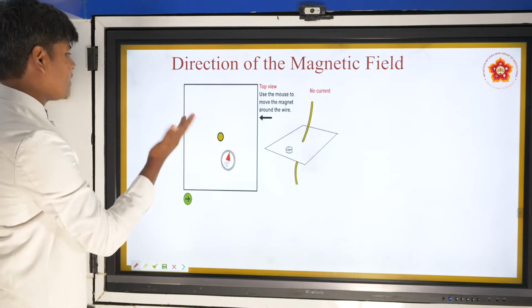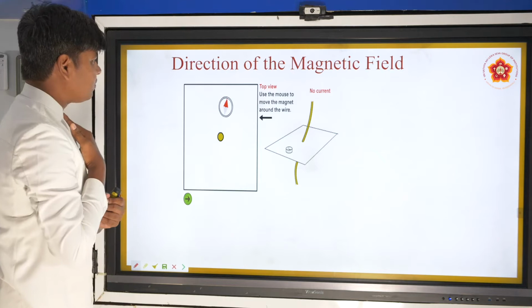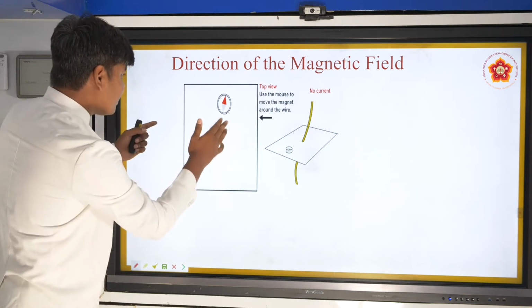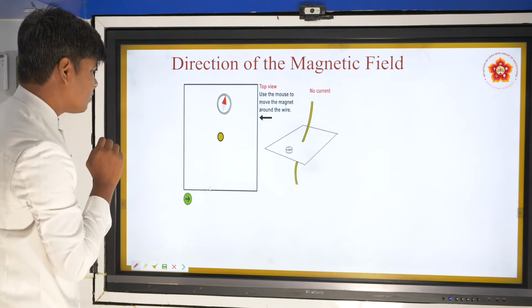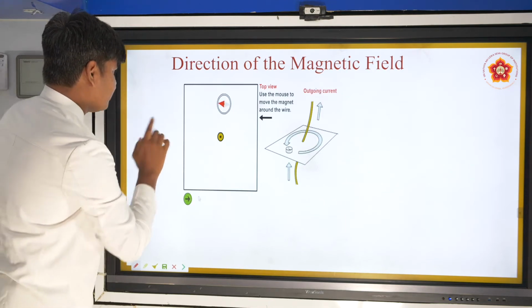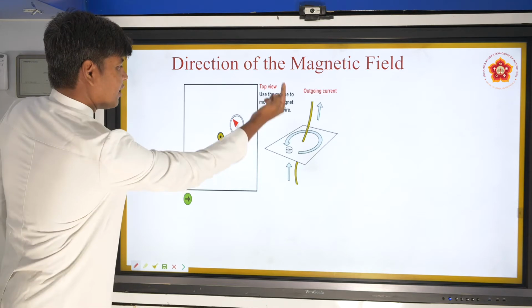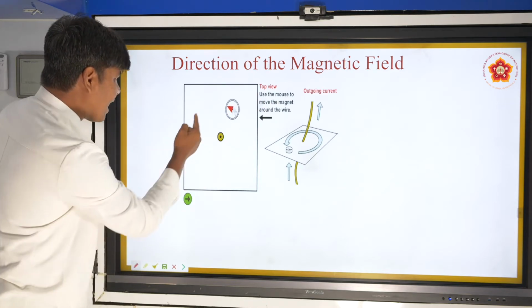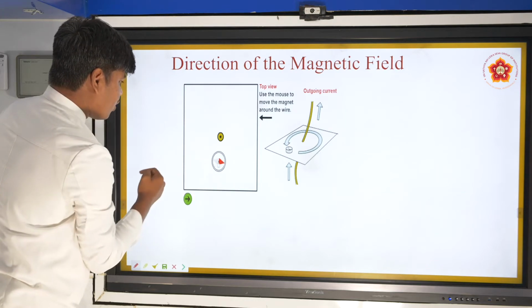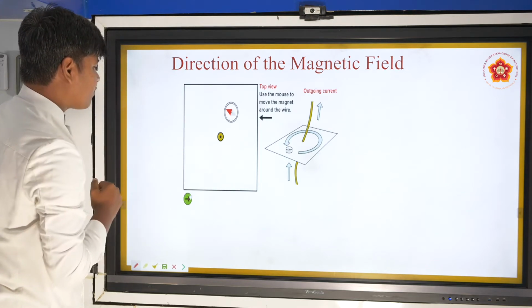Now there is no current, no deflection. When you switch on the current, you will have a magnetic field and that changes the needle. See, now let's switch on the current. Just deflected. The current is going up. Now you can see the deflection is anti-clockwise. The north pole is in the anti-clockwise direction.